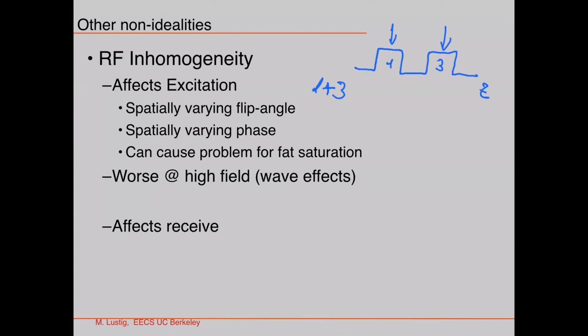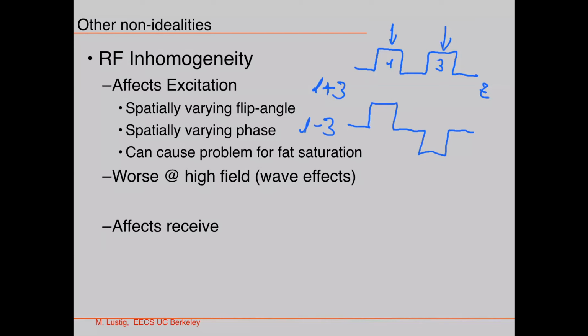But then I can also create an RF pulse which excites slice 1 and slice 3 that way. And then I will get an image which combines slice 1 and minus slice 3. And then when I add these two images together, I will get slice 1.